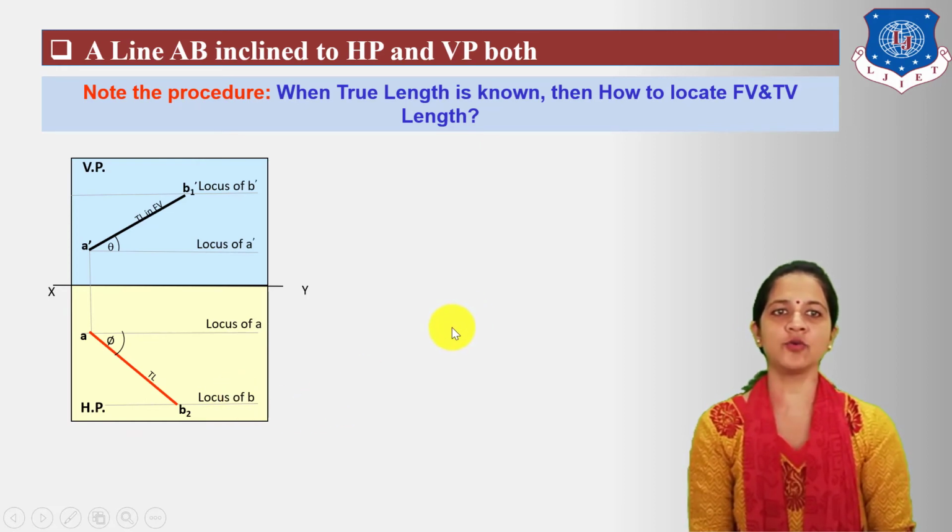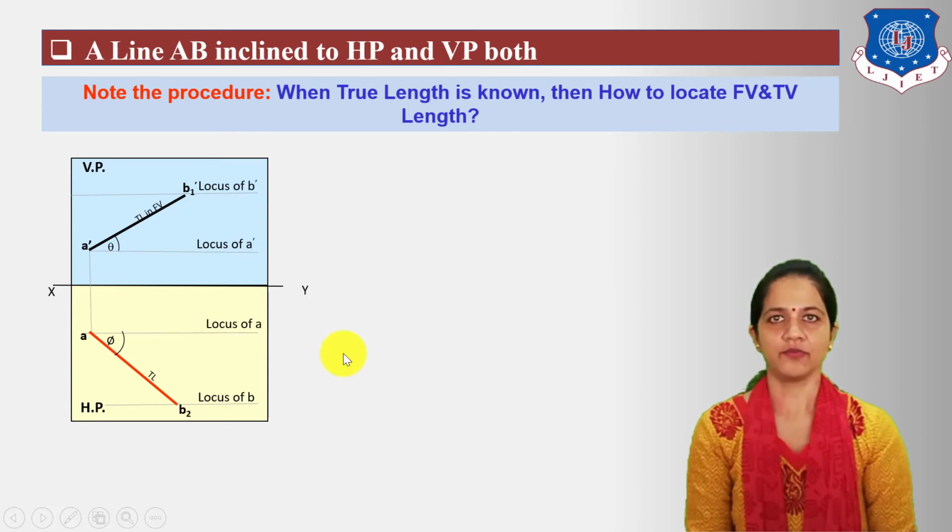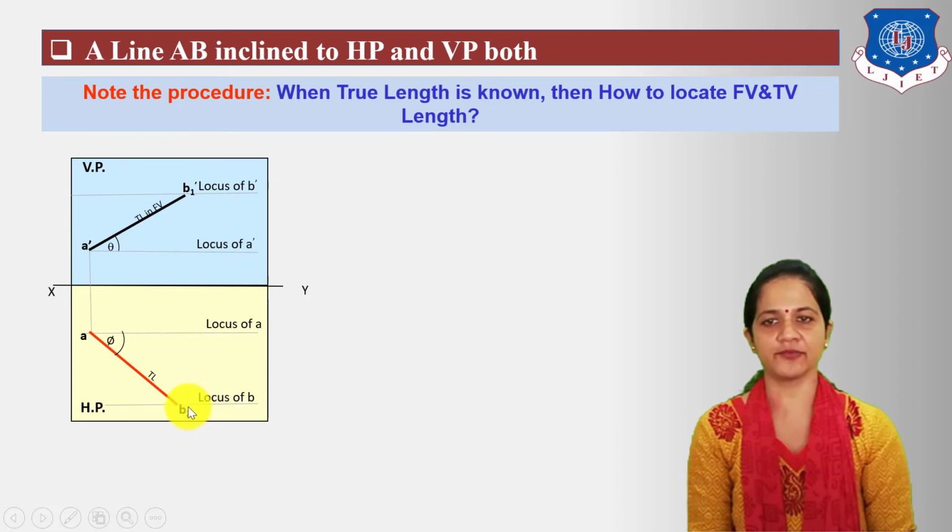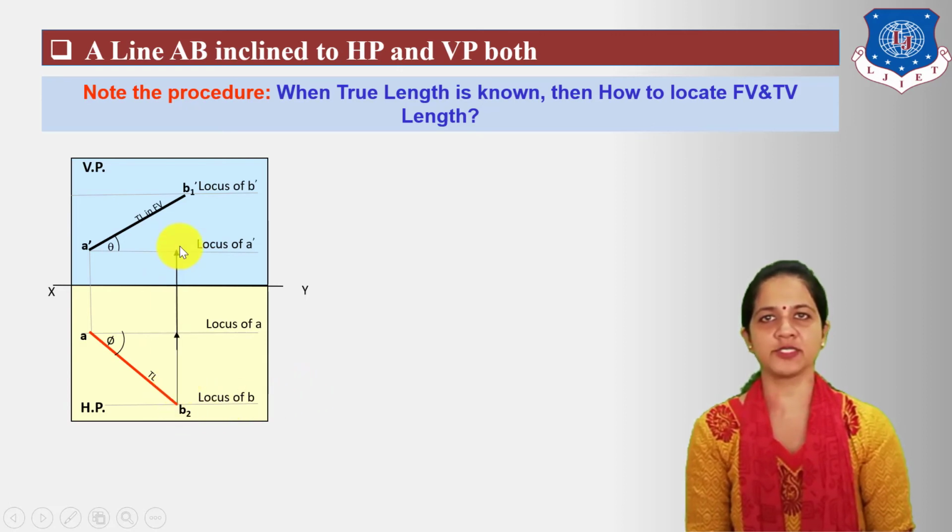Next, how to locate the front view and top view length. For the front view length, take a straight projection from the end point of the top view true length, which is point B2. Take the straight projection up to the locus of A dash in the front view and mark point B2 dash.